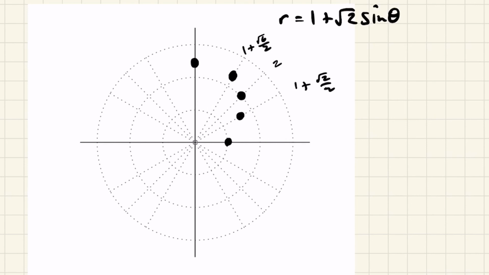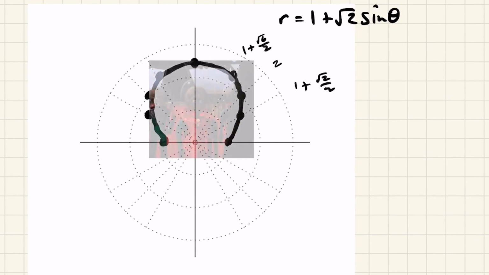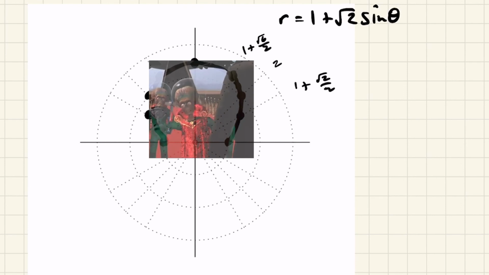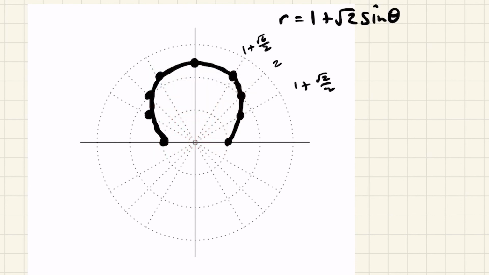Also, we're going to have symmetry on this side because of the fact that it's a sine function in there. We're expecting exactly the same values. So far, what we have here is sort of an alien head. And let's continue sketching these ones here in the third quadrant. So 7 pi over 6.